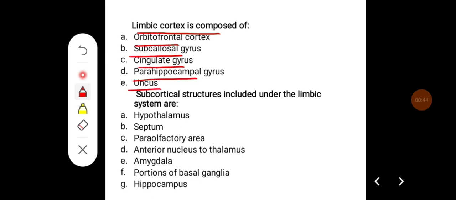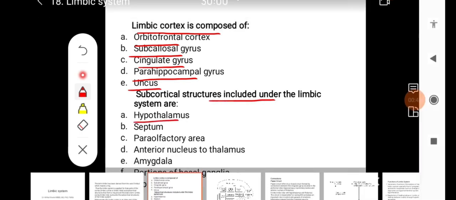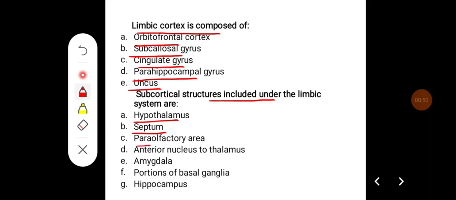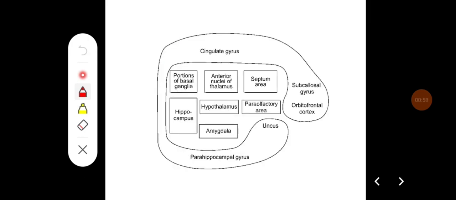And some of the subcortical structures included under limbic system are hypothalamus, septum, paraolfactory areas, anterior nucleus of thalamus, amygdala, portions of basal ganglia, and hippocampus. So these are the structures which are involved in the limbic system.